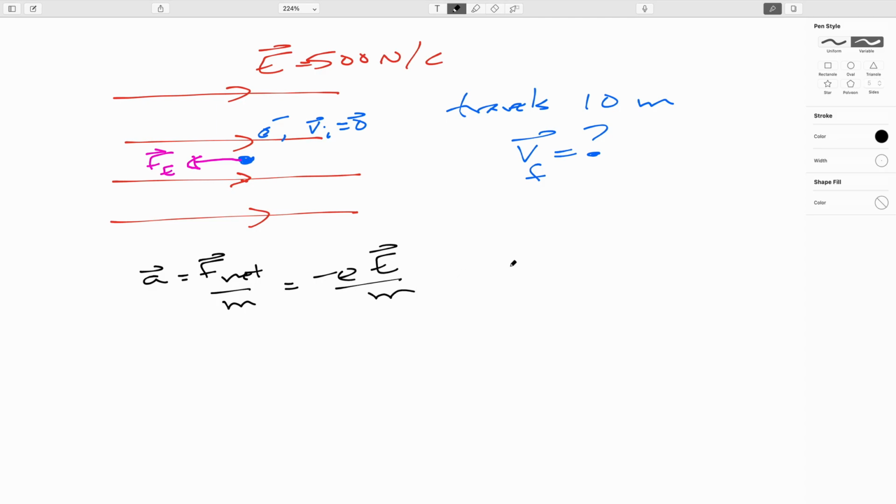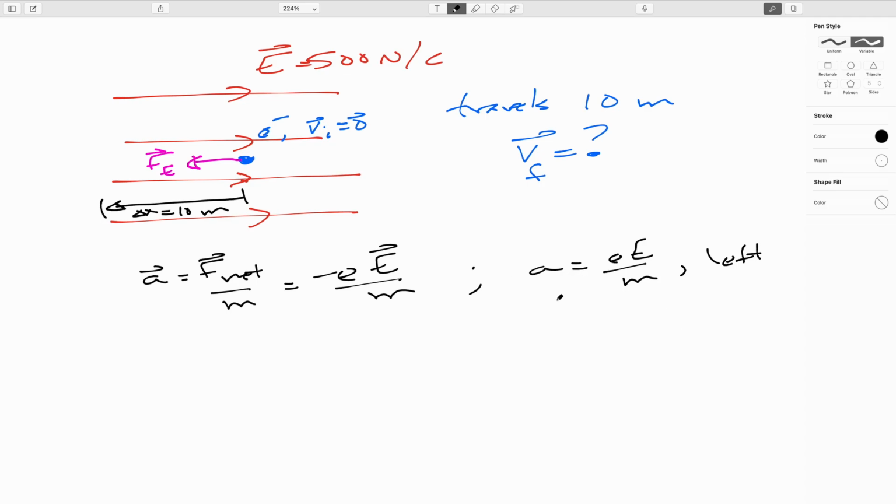So we've worked out that the acceleration is eE over m, and we know that the direction is going to be to the left. So we know now that we will be traveling our 10 meters to the left.